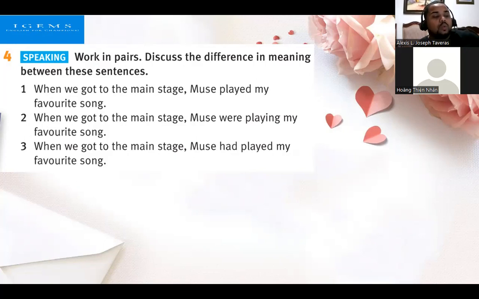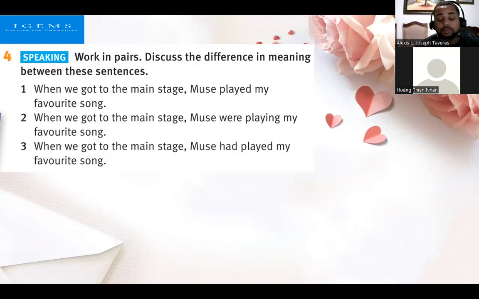Number one: when we got to the main stage, Muse played my favorite song. Number two: when we got to the main stage, Muse were playing my favorite song. Number three: when we got to the main stage, Muse had played my favorite song. What is the difference among these three sentences?